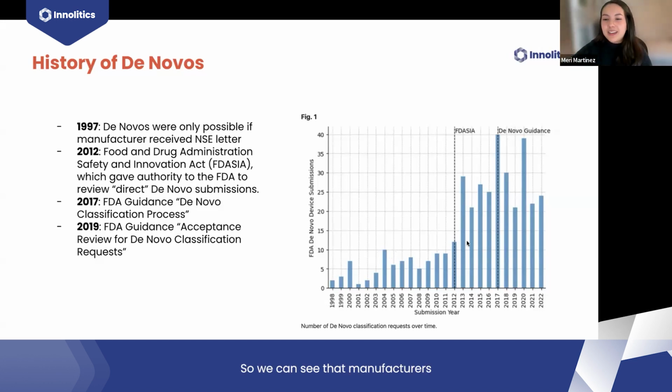So we can see that manufacturers were somewhat encouraged to just go for the de novo pathway. Then in 2017, we had the first FDA guidance for de novos, and again there was an uptick in the number of de novos granted by FDA.